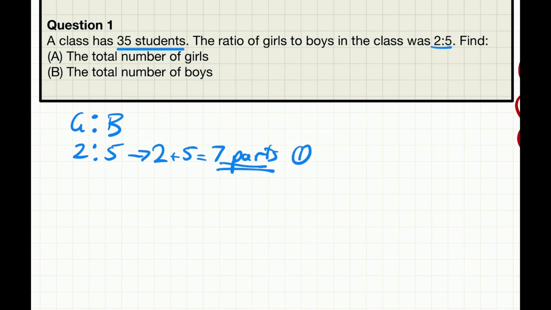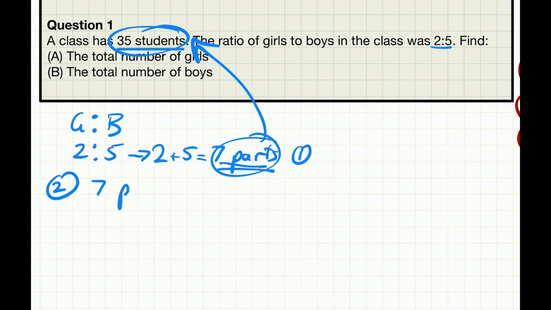That's step 1. Step number 2 is to find how much one part is worth. Now we know that in total we have 35 students. What that means is that this 7 parts reflects those 35 students. So therefore we can say 7 parts is equal to 35 students.